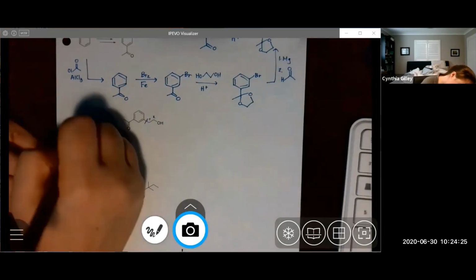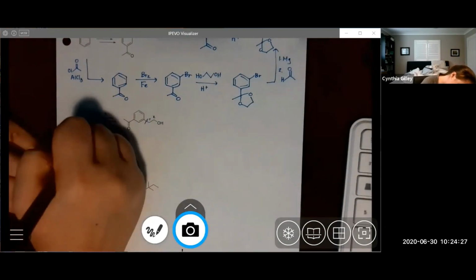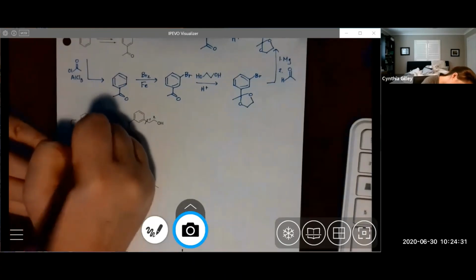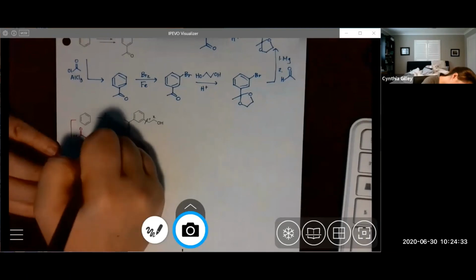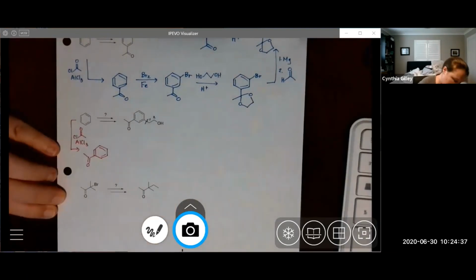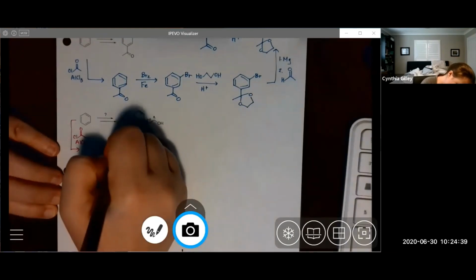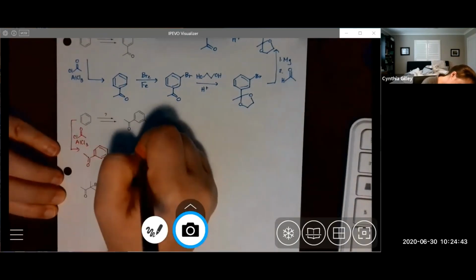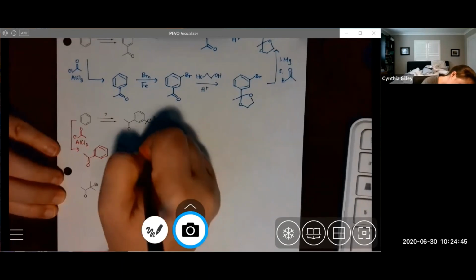The first step is the Friedel-Crafts acylation reaction. Then, because this is a meta director, we'll be able to introduce bromine meta to the ketone.